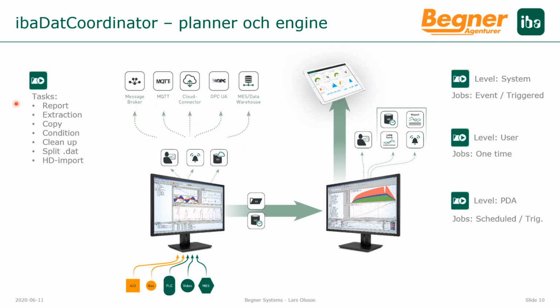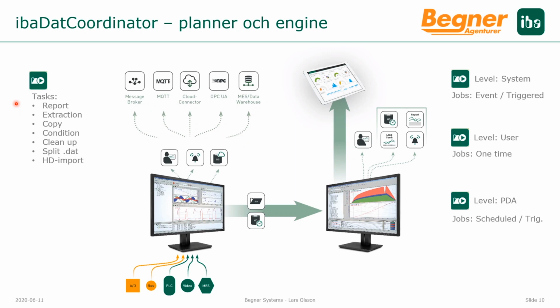Extraction tasks, it means you can extract data to databases or to files, as a couple of examples. Copy task, it means you can have ibaDatCoordinator copy a file from one folder into another one.